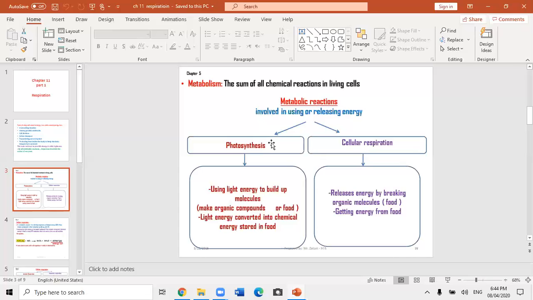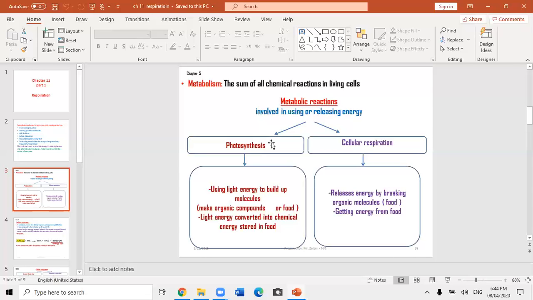All living organisms are made up of cells. These cells have to undergo cellular respiration, in which they use glucose as a simple sugar to be broken down in the presence of oxygen in order to give CO2 and H2O and energy. And that's what we will discuss later in this chapter. So we're focusing on cellular respiration.